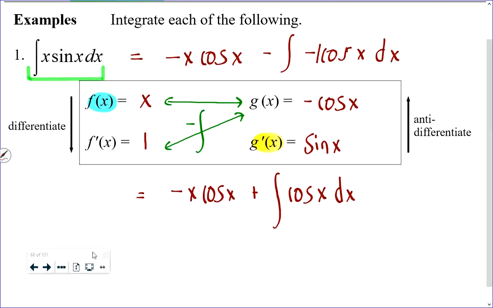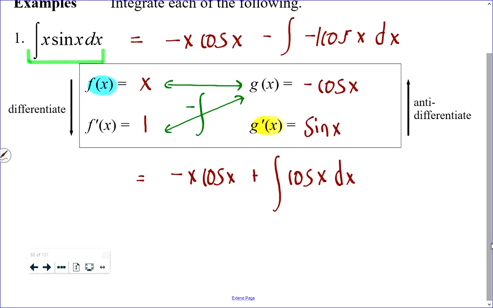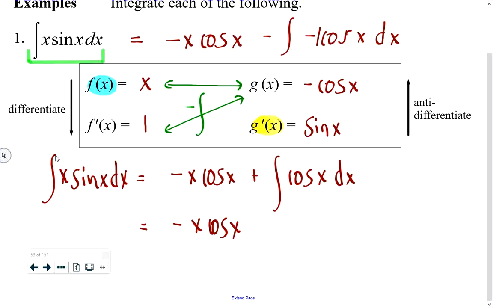And that means that the integral of x sine x dx is equal to negative x cos x plus sine x plus your constant.